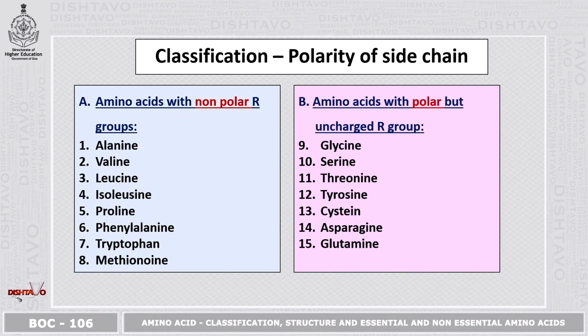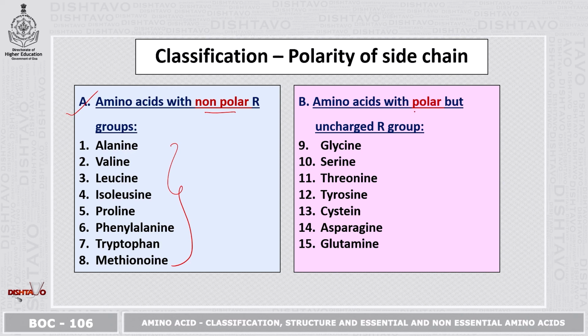The third classification is based on the polarity of the side chain. Under these as well, we have four. Let us see the first one, amino acids with the non-polar R group. The examples are alanine, valine, leucine, isoleucine, proline, phenylalanine, tryptophan and methionine.